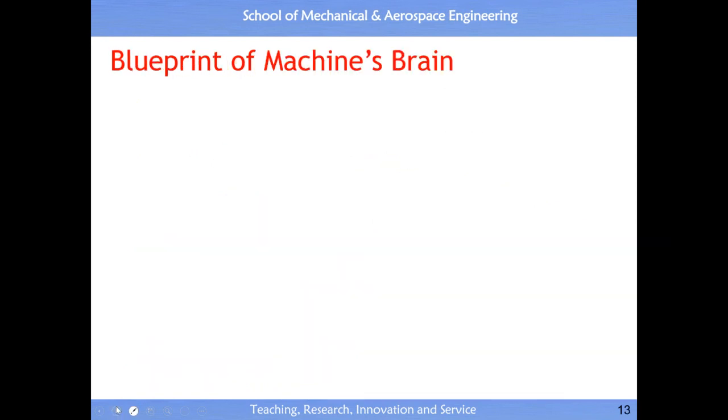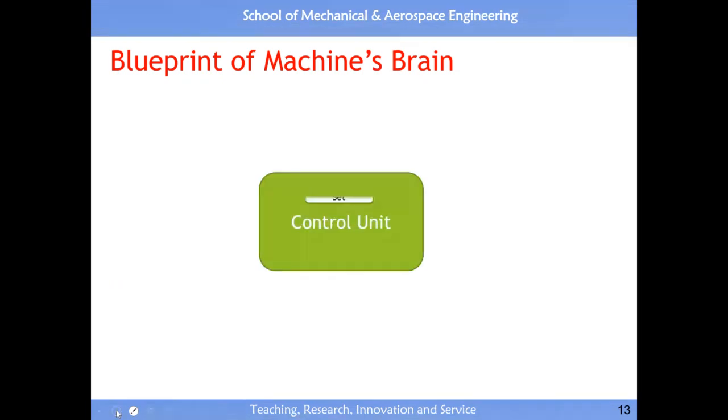Then we need to design something which is similar to the human brain for a machine or for a robot. Then you may ask this question: what should be the blueprint of a machine's brain or robot's brain? And interestingly, the existing products more or less follow the existing product for microcontroller or microprocessor system or supercomputer.